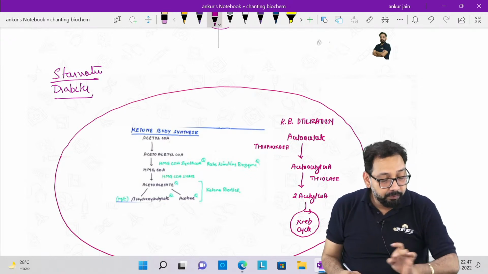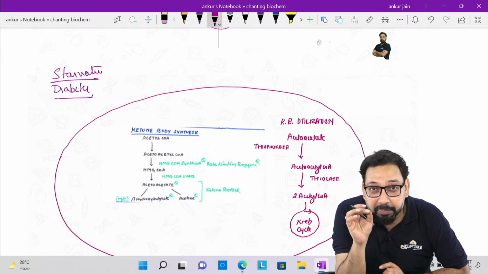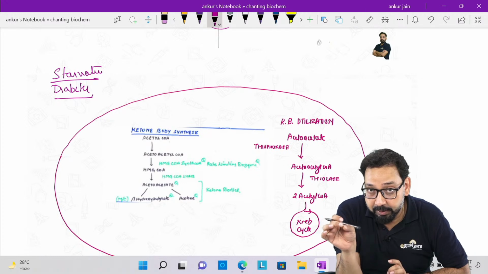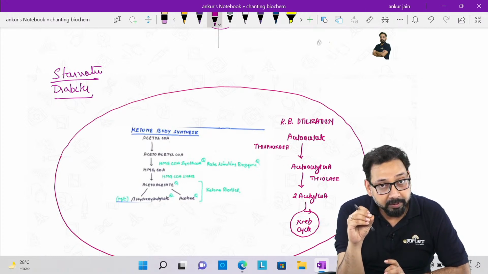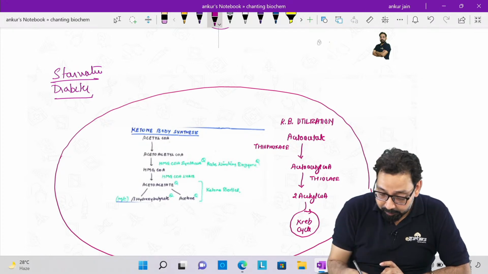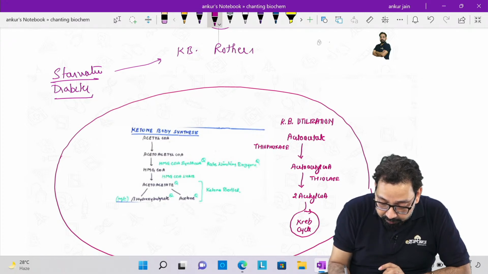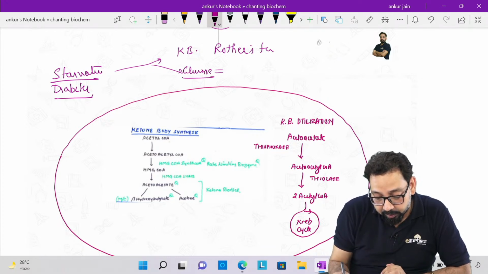So you will find a question that a patient comes to medical emergency, urine test done for ketone bodies and for glucose. For ketone bodies, Rothera's test. Which test? Rothera's test. For glucose you can do multiple tests, one of them is Benedict test.